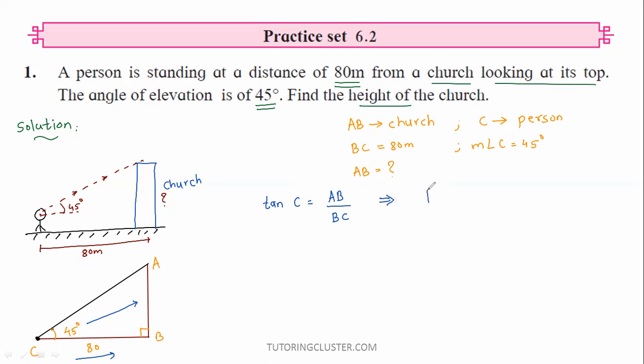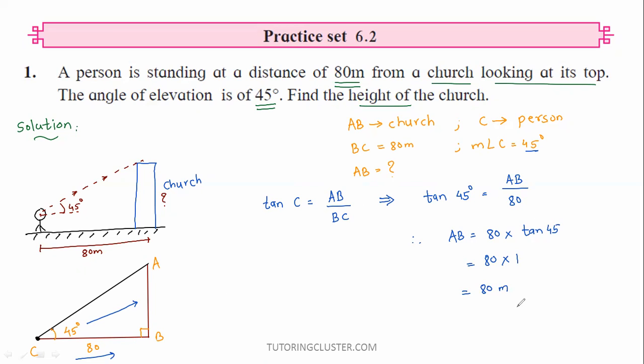So tan 45 degrees is equal to AB by BC, and BC is 80. So AB will be 80 into tan 45. What is tan 45? 1. So it will be 80 meters. Very simple basic trigonometry. Hope you have understood this example.